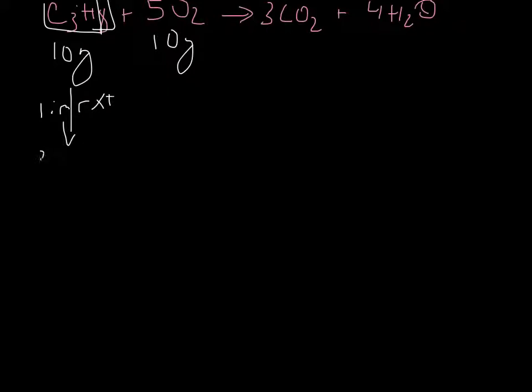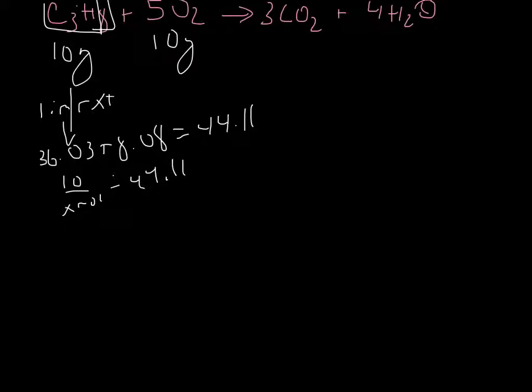And again, we know 36.03 plus 8.08. I'm just going fast here because by now you should have some practice with turning the molecules into their molar mass. So that's going to have the molar mass of 44.11, and we know 10 grams over x moles equals 44.11.